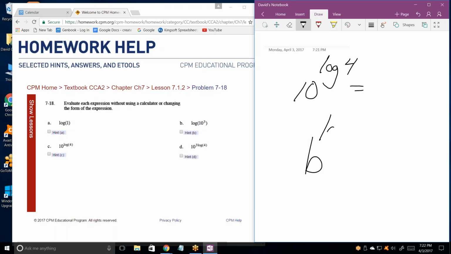B to the log base b of x is always equal to x. Okay? And notice that's our situation here. We have 10, which is my b, to the log. Well, what's the base of that log? It's 10. So the b's are the same, which means the answer is 4.